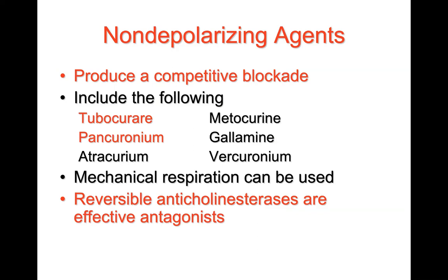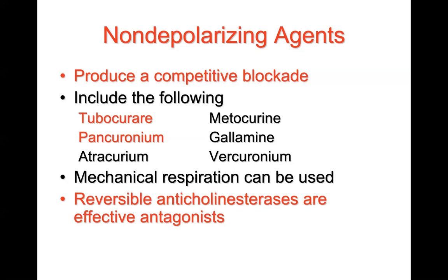Now, the problem with these drugs is that they can block the neuromuscular junction. But our biggest concern is, think of the muscles that you use to breathe. You have your diaphragm and all the accessory muscles. Remember, those are skeletal muscles. So if we block those muscles, we can't breathe, and people can suffocate.